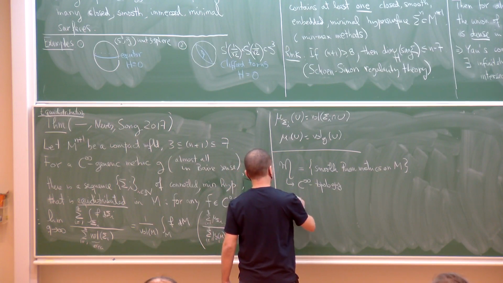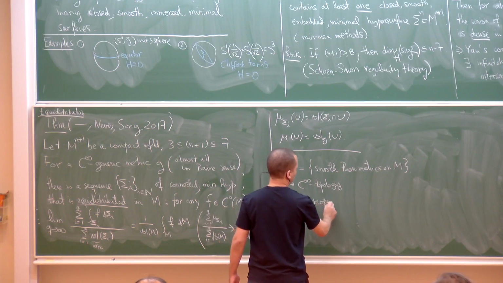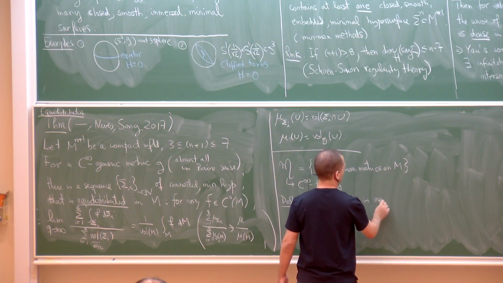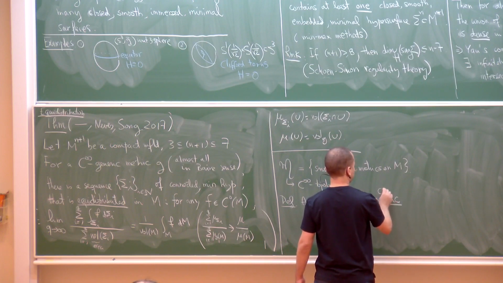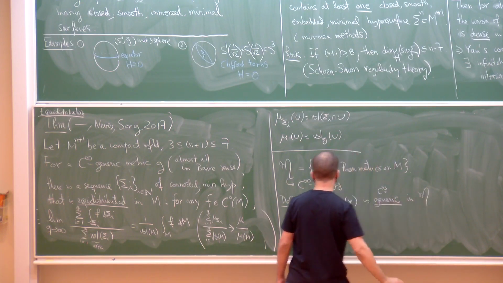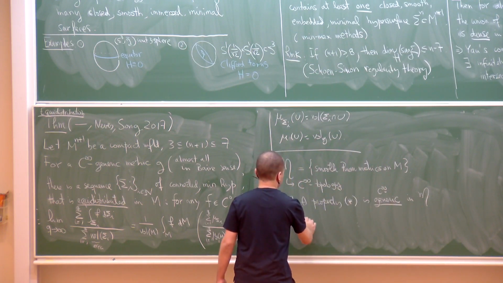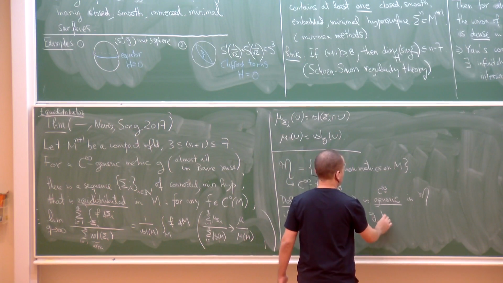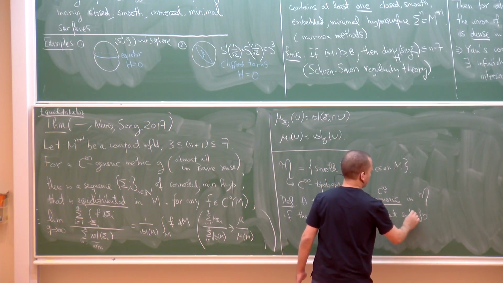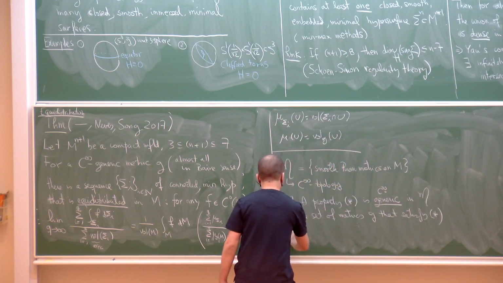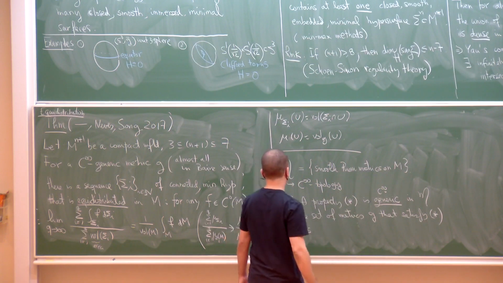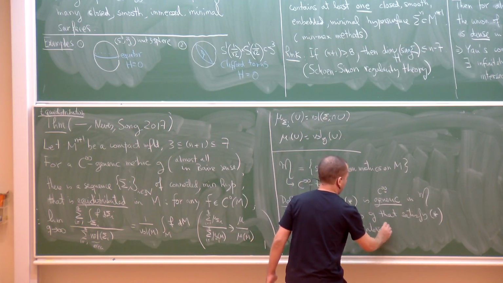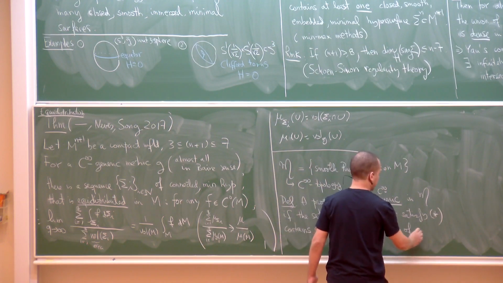I say that a property star is generic in M if the set of metrics g that satisfy the property contains a countable intersection of open and dense sets.